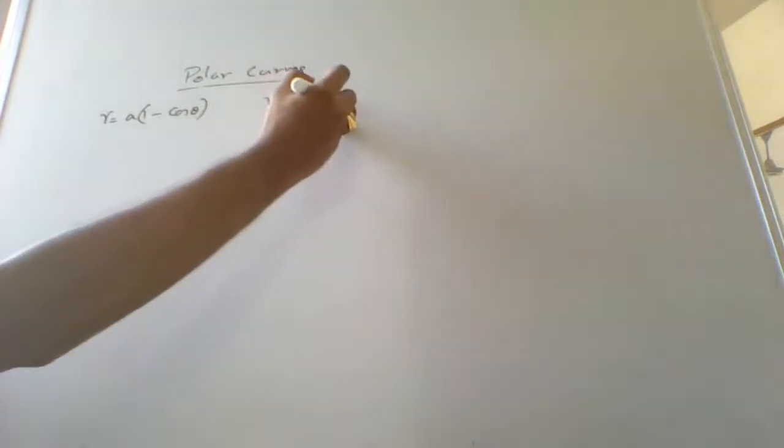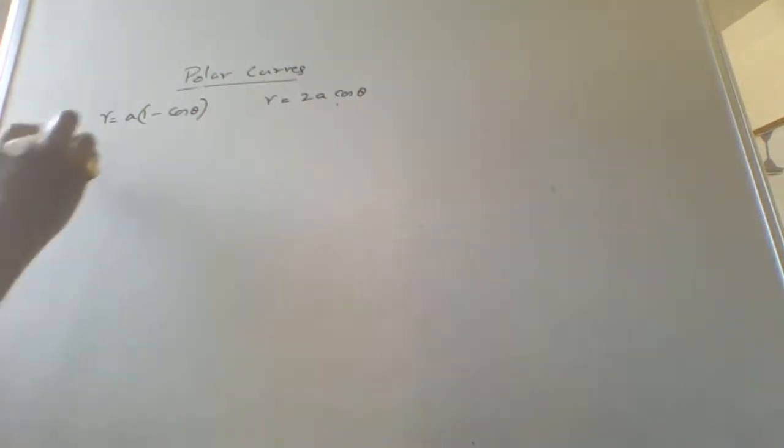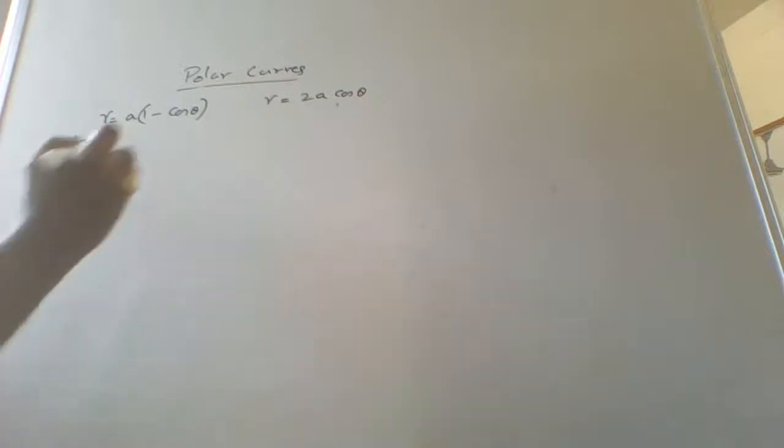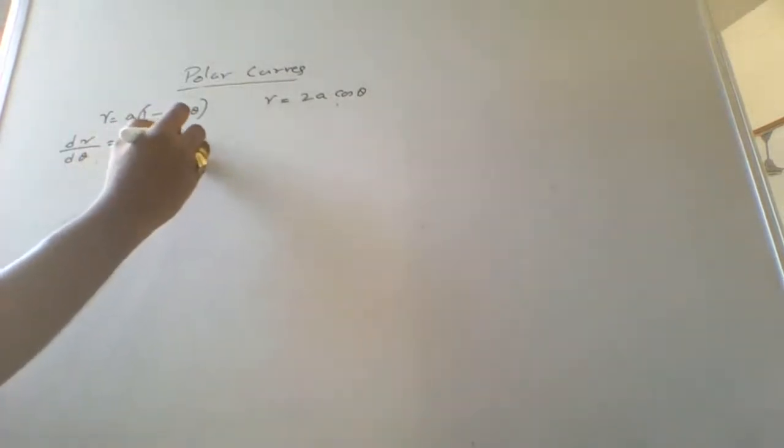I have another curve, which is r is equal to 2a cos theta. Let me try to solve this. Again, the process: differentiating with respect to theta, dr by d theta, I get a sine theta.